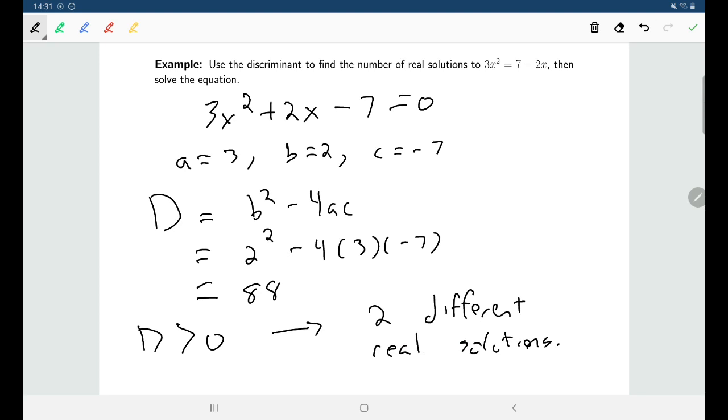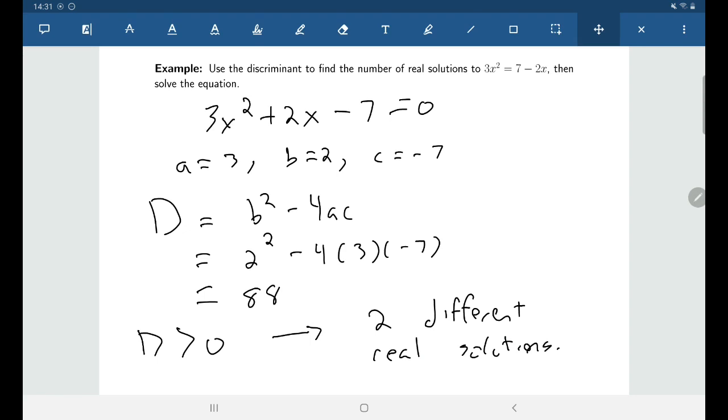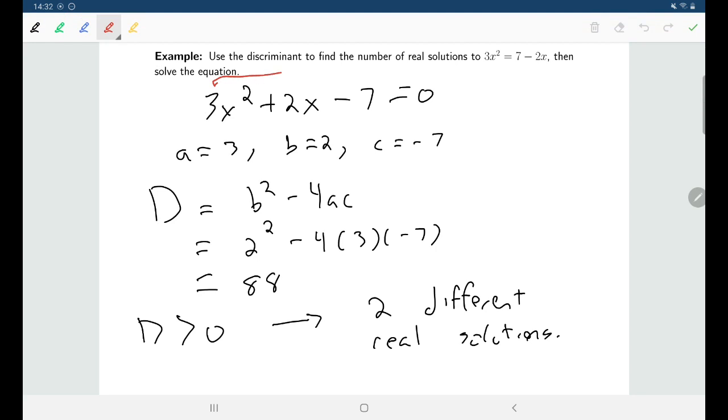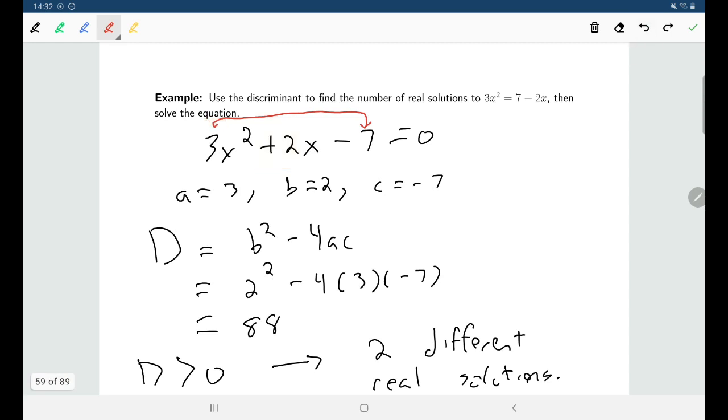Okay, so now what are those real solutions? We know, or at least we're expecting, that there should be two of them. So away we go. Now, if you tried to solve it without using the quadratic formula, if you tried to solve it via factoring, you run into problems in a big hurry, because you'd be looking for numbers that multiply to give you negative 21 and which add up to give you positive 2, and unfortunately there's no nice integer values that make that happen.